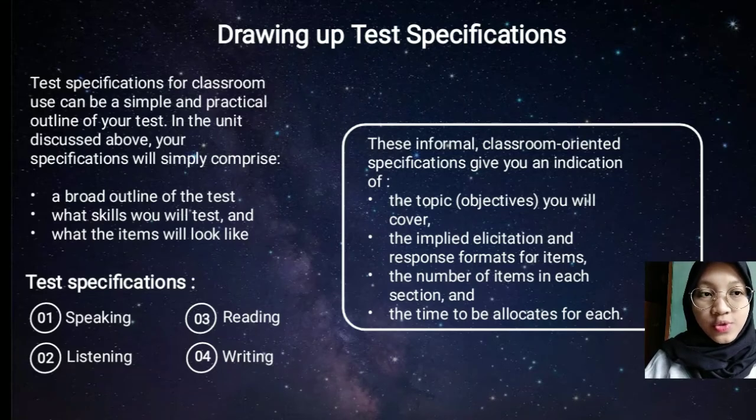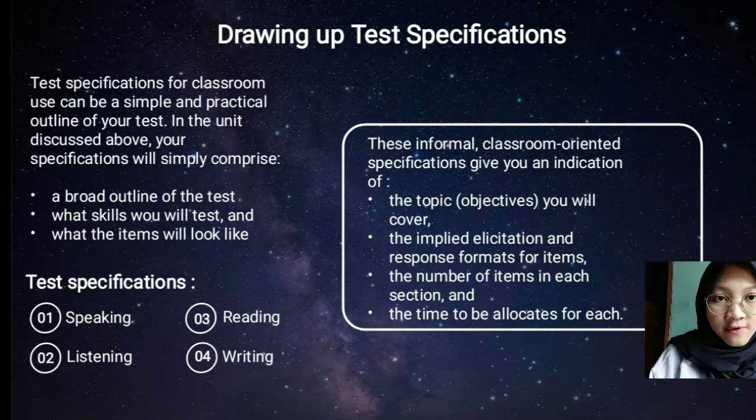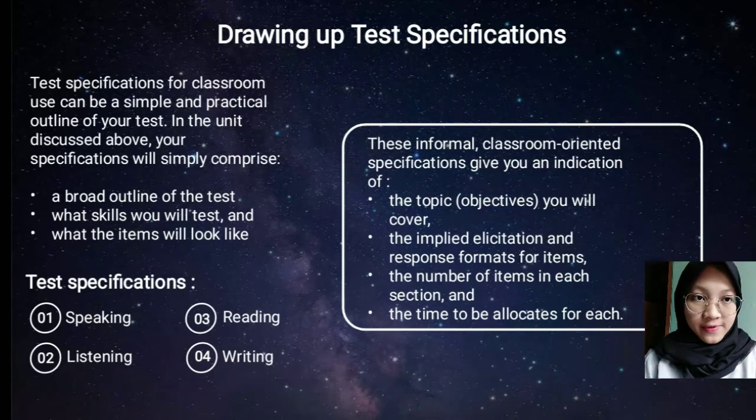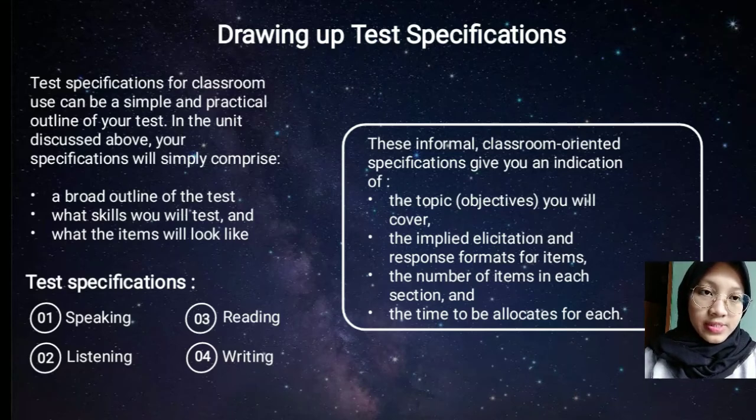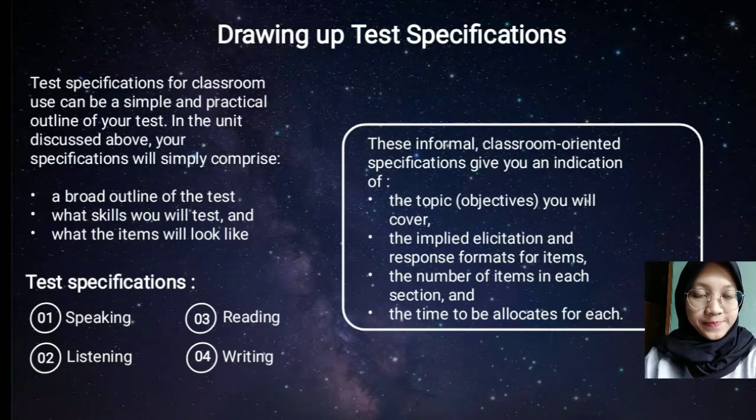Speaking, 2. Listening, 3. Reading, 4. Writing. This informal, classroom-oriented specification gives you an indication of the topics and objectives you will cover, the implied elicitation and response formats for items, the number of items in each section, and the time to be allocated for each.